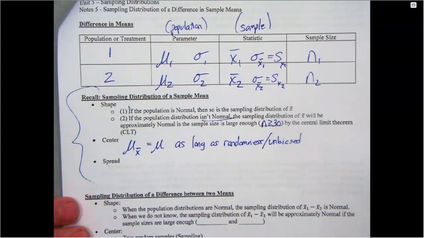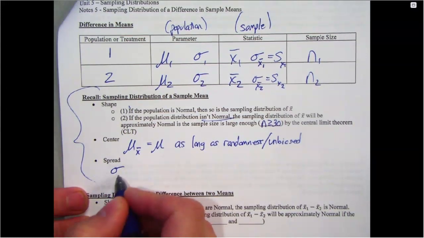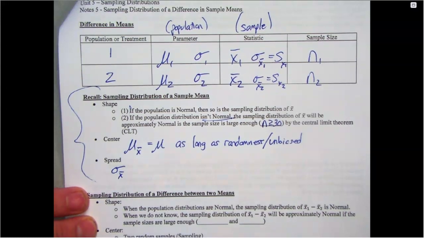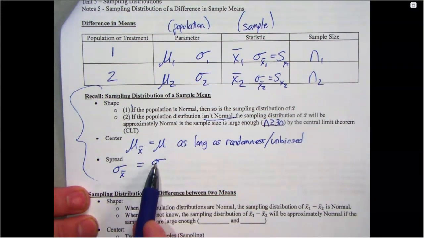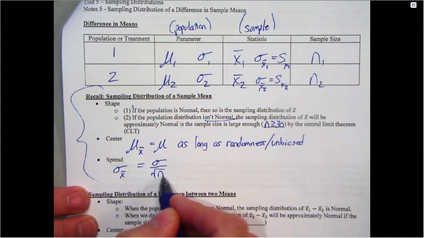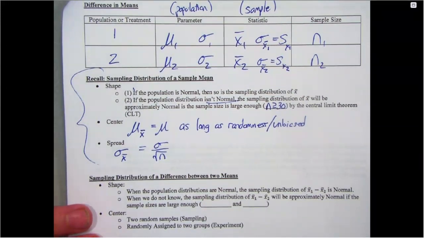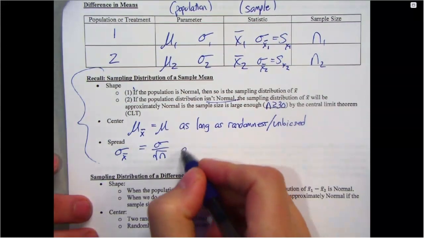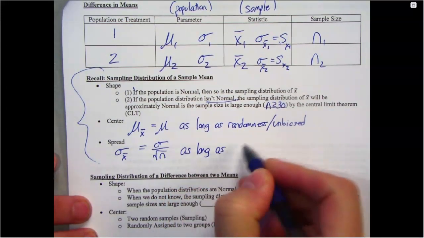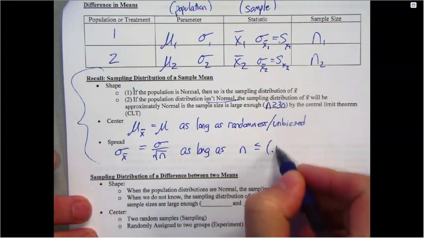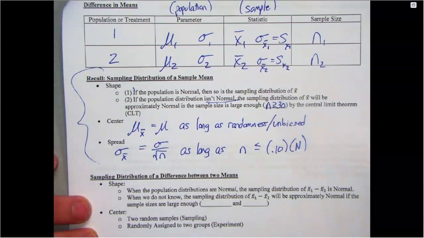And then the spread of the sample mean is the standard deviation of the population divided by the square root of n. And we could say that was true as long as the sample, like our little sample n, is less than or equal to 0.10 times big N capital.